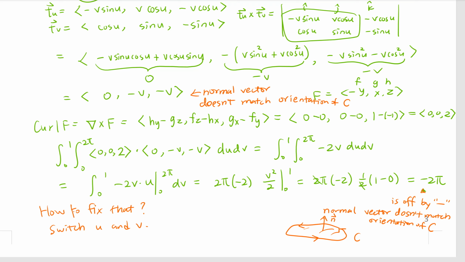So if you switch u and v, you will get a new normal vector that matches the orientation of C. So far, so good?